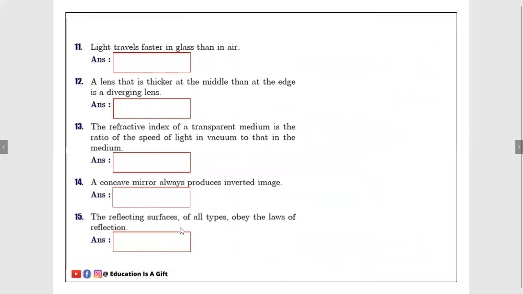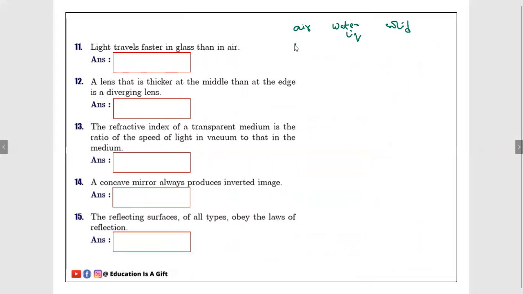Light travels faster in glass than in air. We know light travels in solids, liquids, and gases, and its speed depends upon the density. Here you take air, water, simply to say liquid, and solid.